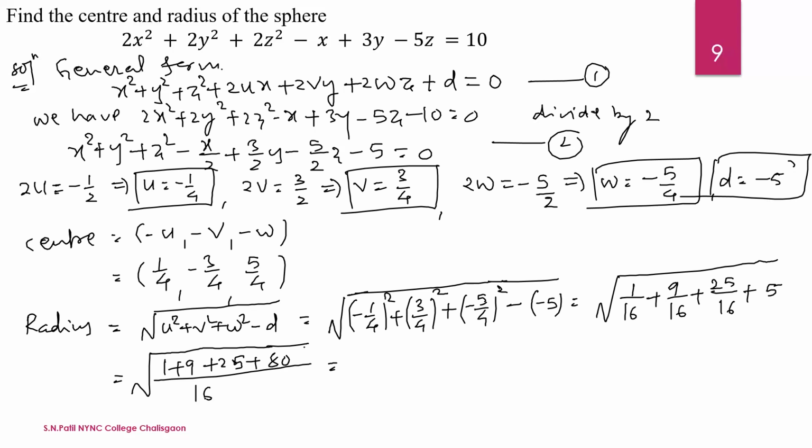Now here in the denominator, the square root of 16 exists, you can write simply 4. Now here 9 plus 1 is 10, that is 90, and 90 and 25, that is 115, which is the required radius of the sphere. Okay, thank you.